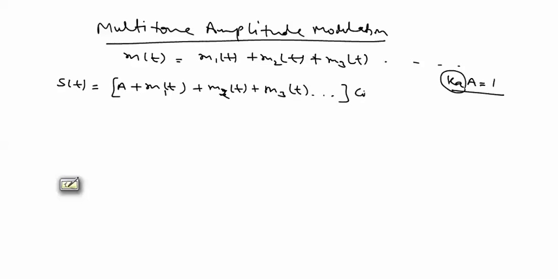multiplied with cos omega ct. Complete term is multiplied with cos omega ct.